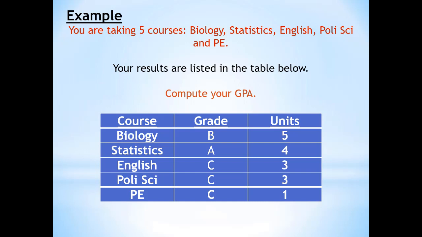In stats, you got an A, because of course you're going to work hard in stats, and it was a 4-unit class. Your English class was a 3-unit class, and you got a C. Your poli-sci class was a 3-unit class, and you got a C. And your PE class was a 1-unit class, and you got a C. So we want to figure out what the GPA is going to be.